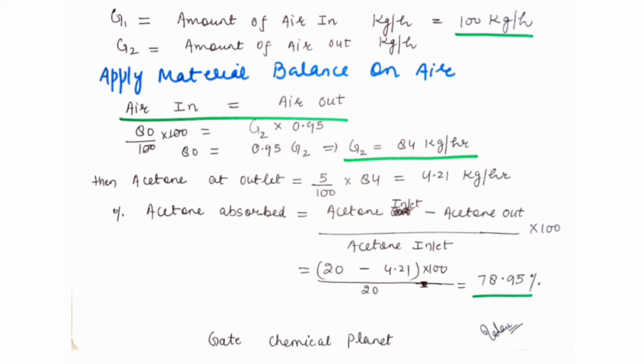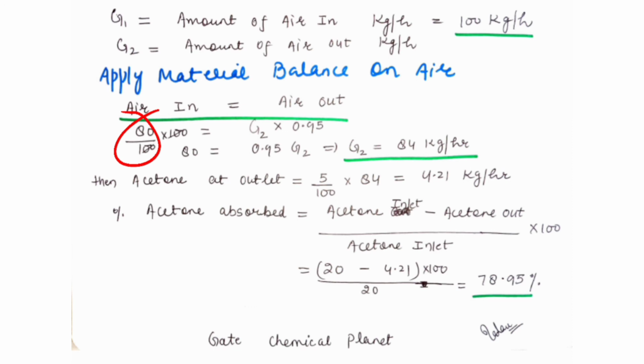Now simply applying the material balance on air, because air is the tie component here. So air in equals air out. As we already have the value of G1, it will be 80% of G1, so we can easily write 80 kilograms per hour, and it is equal to G2 into 95%, that is 0.95 into G2.